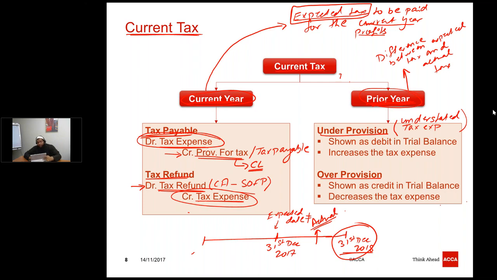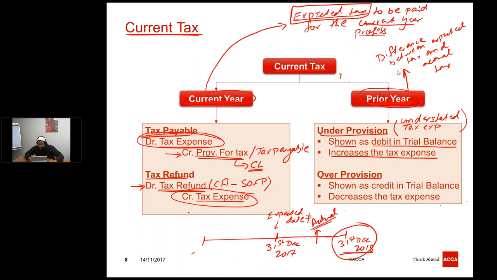So what will we do? This will be shown as a debit in the trial balance, and this is going to increase the tax expense of the current year. So under provision means that we have understated the last year's expense. Now we need to increase the expense of the current year. So we are calling this under provision.